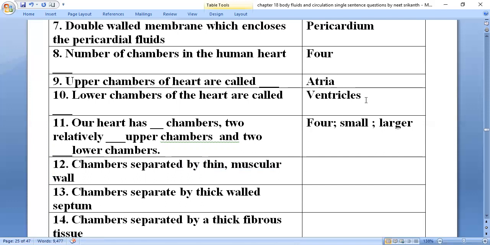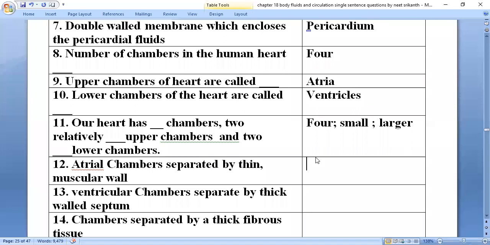Chambers are separated by septa. Here a small correction: the atrial chambers are separated by a thin muscular wall called the interatrial septum.